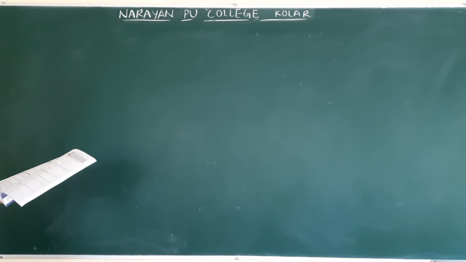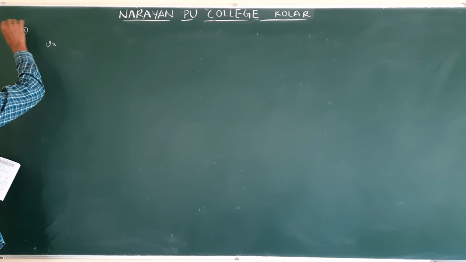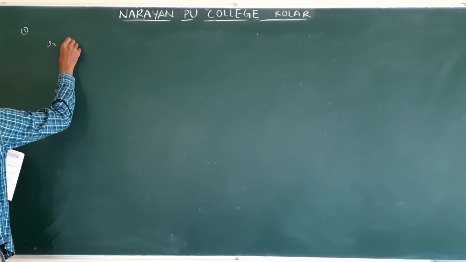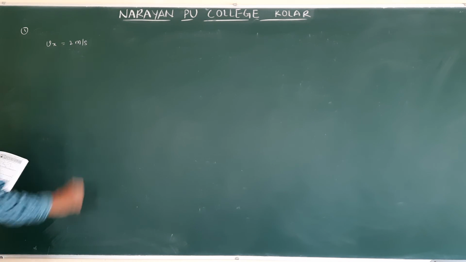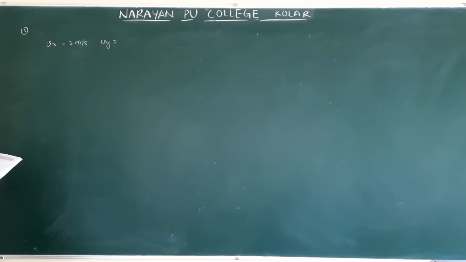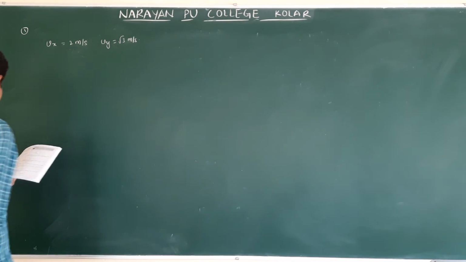One has velocity component Vx. This is the first question. Test your knowledge. Vx is equal to 2 meter per second. Next Vy, this is for the first ball. Vy is equal to root 3 meter per second.